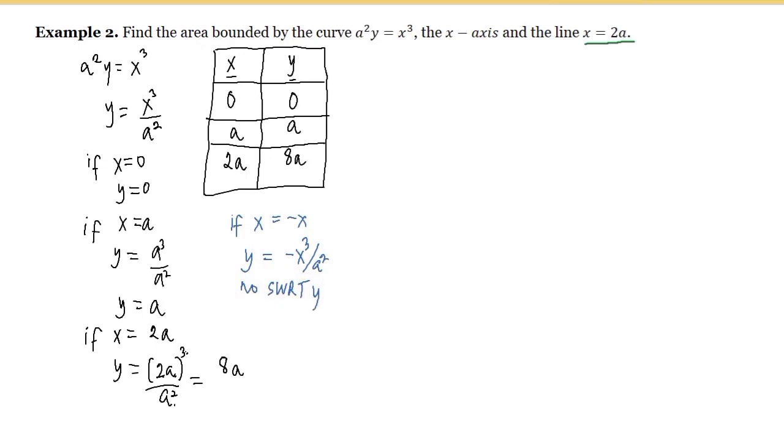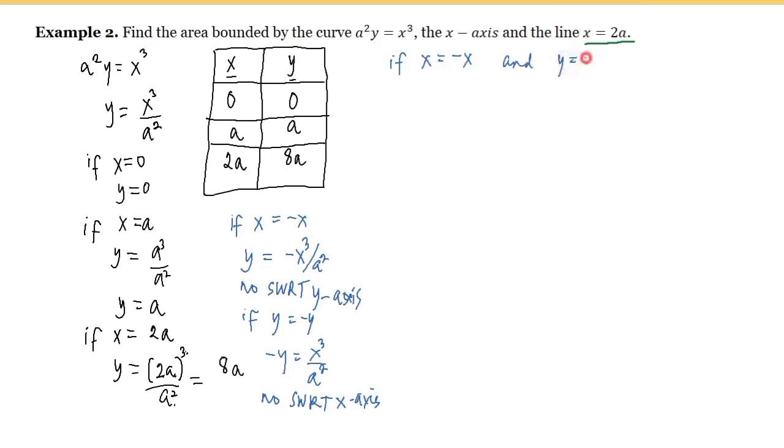And of course, in the same manner, if we substitute y with negative y, then our equation would be negative y is equal to x cubed over a square. Then we can say that there is no symmetry with respect to the x-axis. If we substitute x with negative x and y with negative y simultaneously, then we have negative y is equal to negative x cubed over a square.